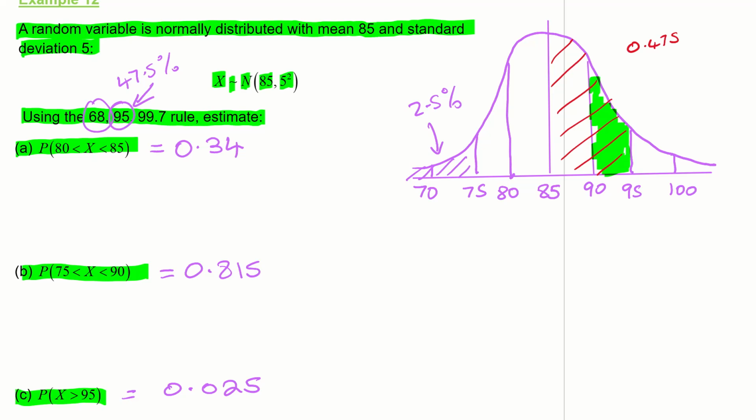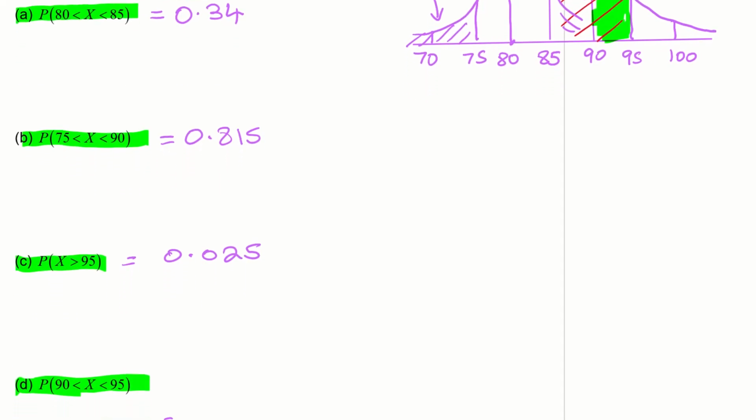We know that this bit is 0.34. So the part that we want is just going to be 0.475, take away 0.34. And that gives us 0.135.